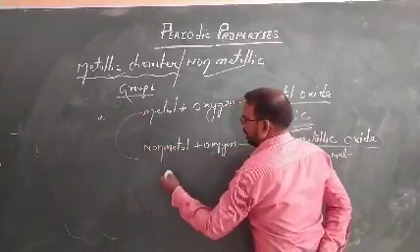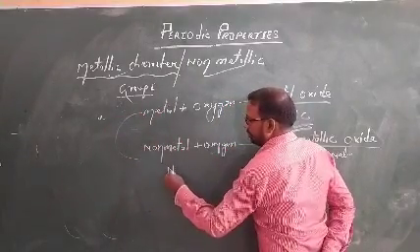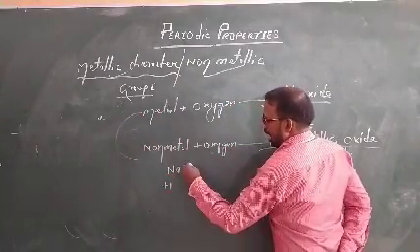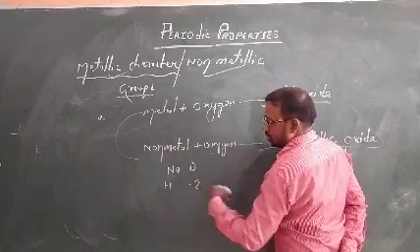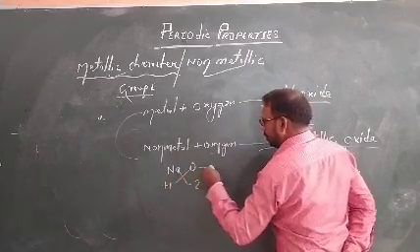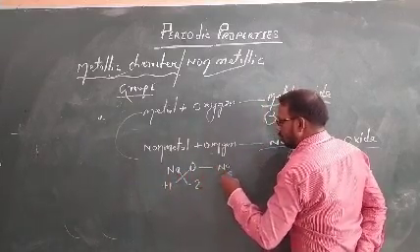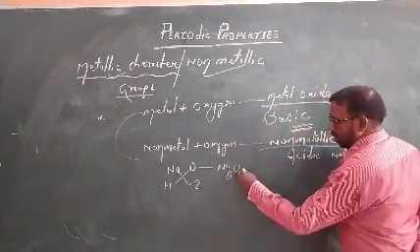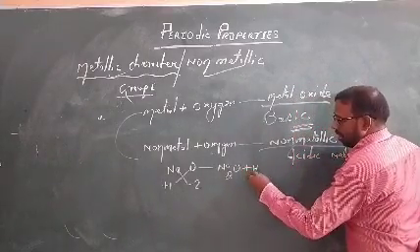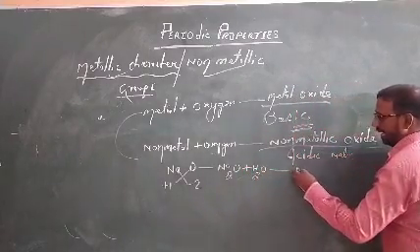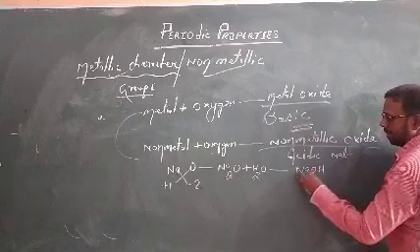I can give you an example. Suppose the metal sodium, its valency is 1, and oxygen, its valency is 2. What will form? Na2O. And that metal oxide reacts with water to form NaOH, sodium hydroxide, which is a base.